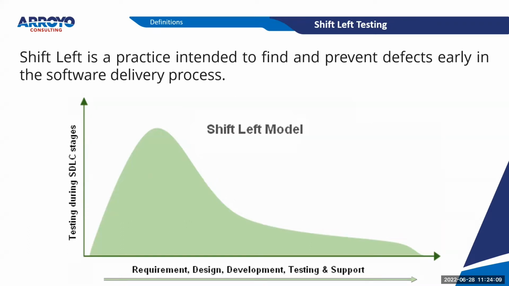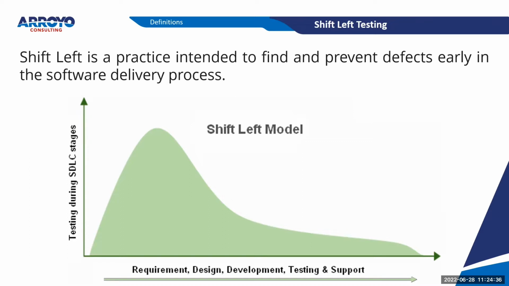At the end, we have a final support stage. In this stage we have a little more testing, but you can add some health checks or other things that help show the health of the system, as part of the testing you can do.